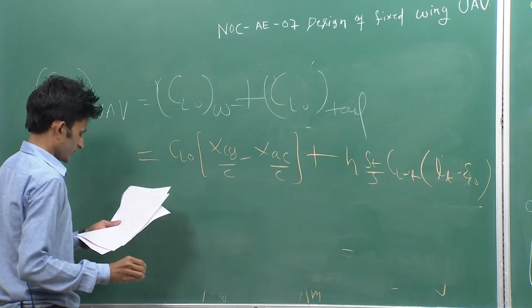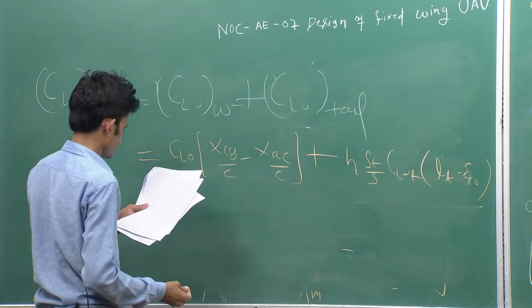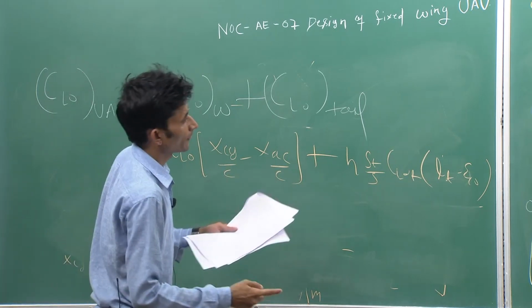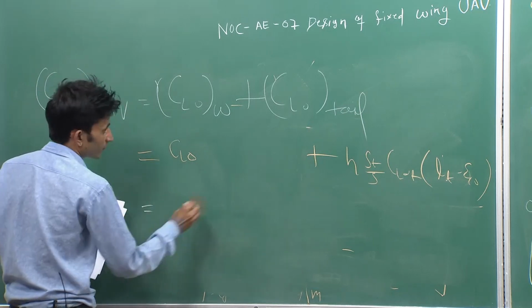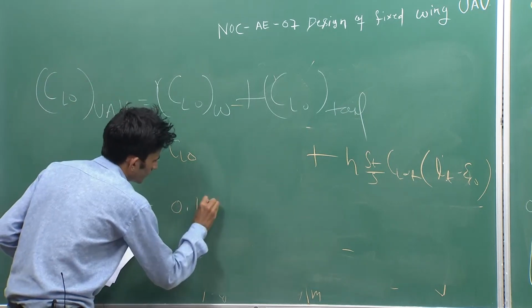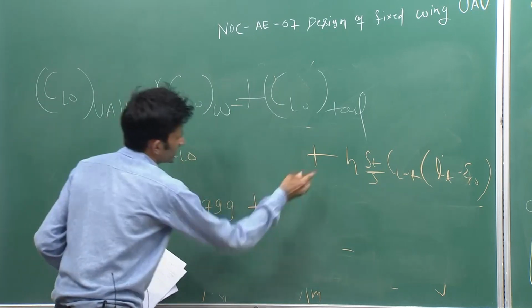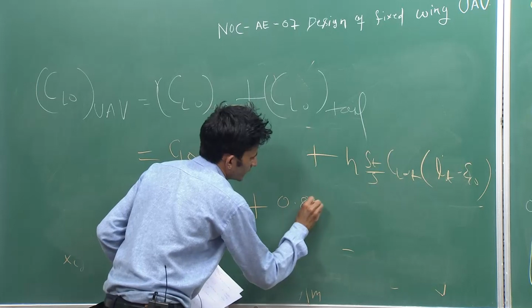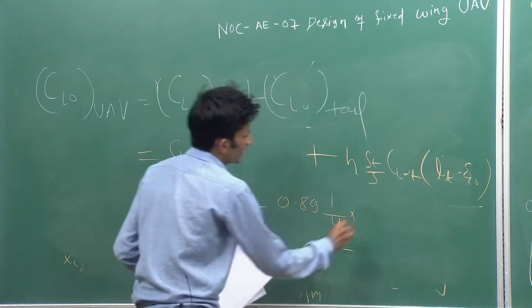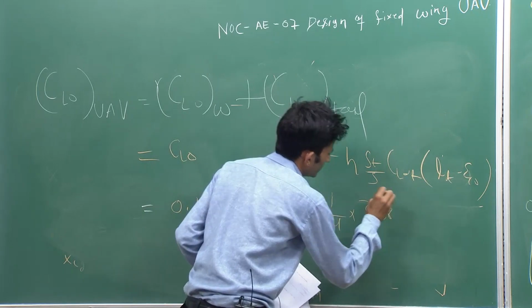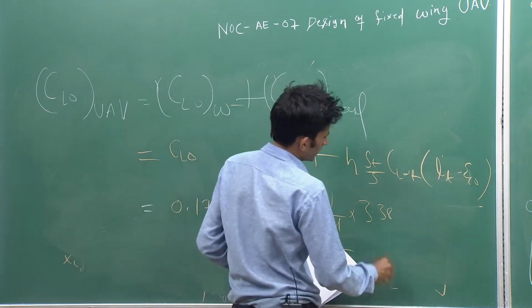So this is nothing but, we have calculated the CL naught, which is coming. So CL naught is nothing but, we have found out 0.1799, plus eta is 0.89 into ST by S is 1.4, CL alpha is 3.38, which is in per radian.